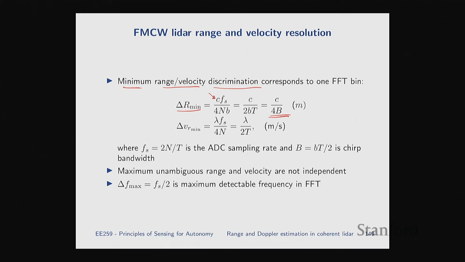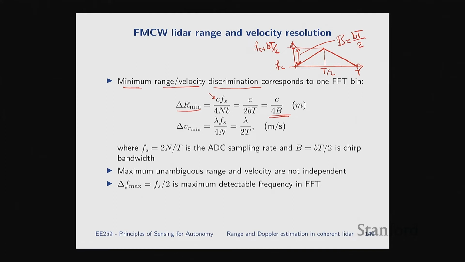Remember, the total chirp bandwidth for these triangular chirps is, because we use only half of the full chirp duration to ramp up, right? So if you start at some frequency fc, you go up to fc plus bt over 2. So your chirp bandwidth, which is the total frequency range that you sweep, is big B equals bt over 2.